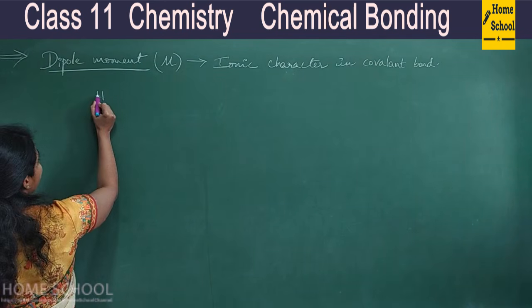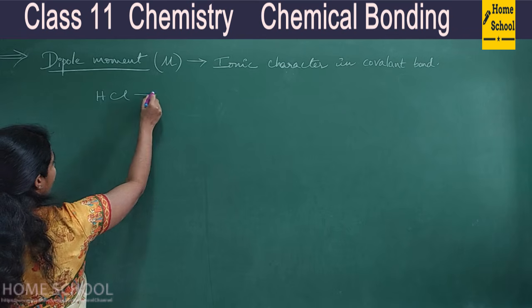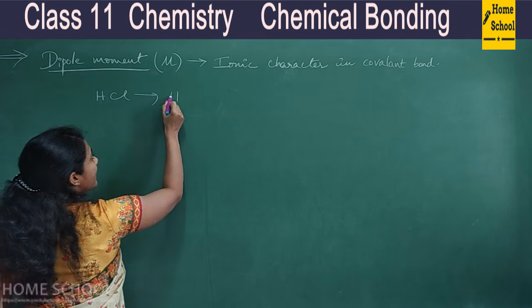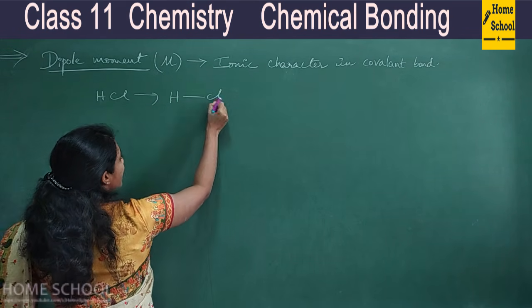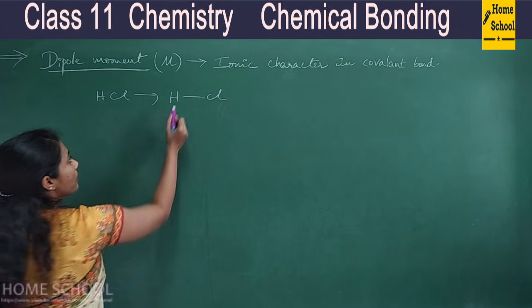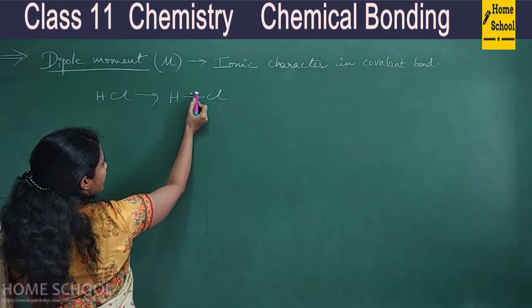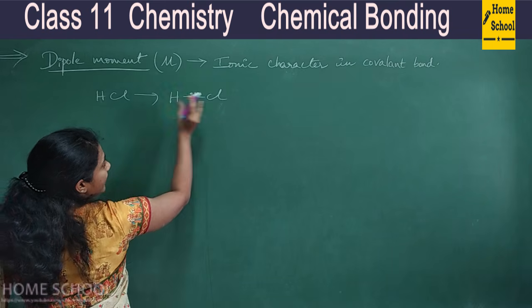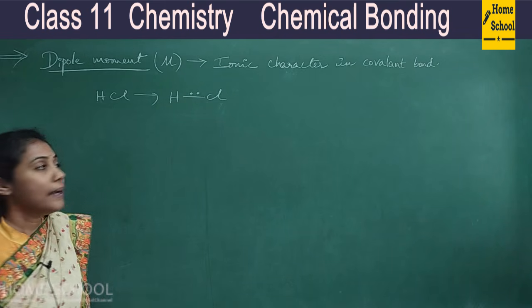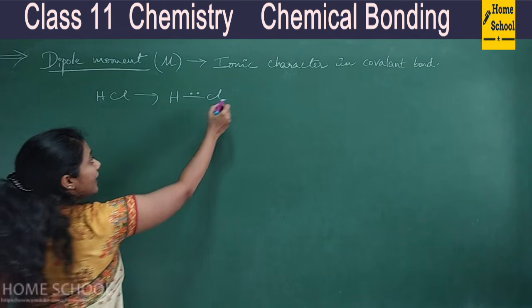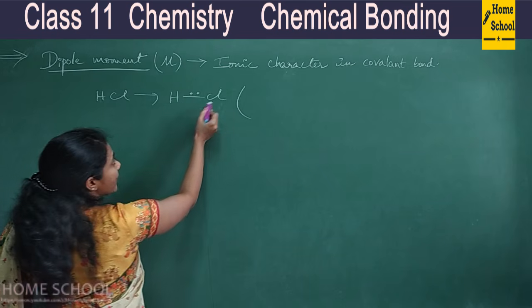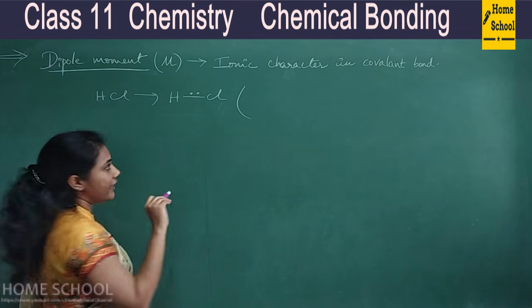Let me take a covalent compound, HCl. It has a covalent bond between hydrogen and chlorine. This covalent bond means the presence of 2 electrons exactly in between hydrogen and Cl. But there is an electronegativity difference between hydrogen and Cl, right?